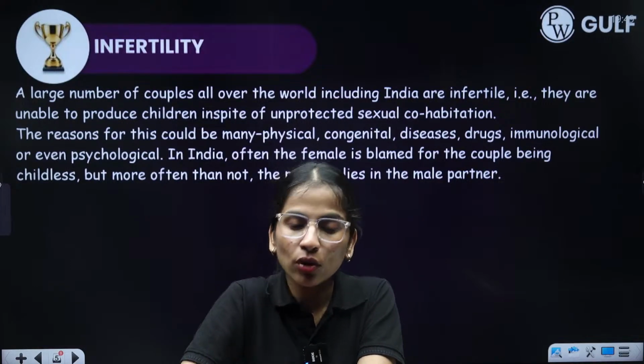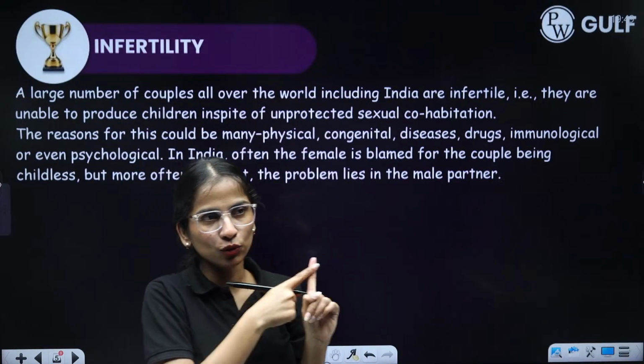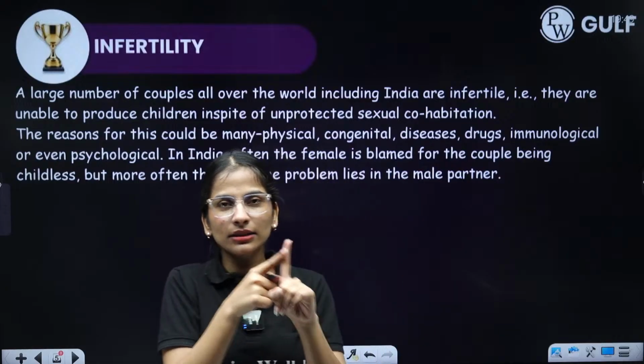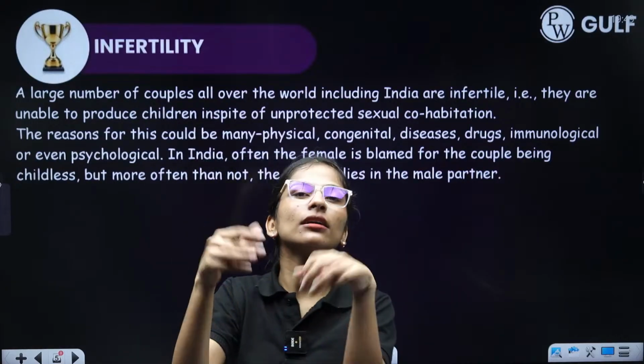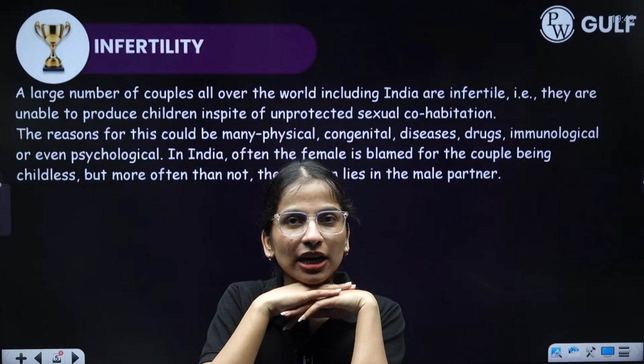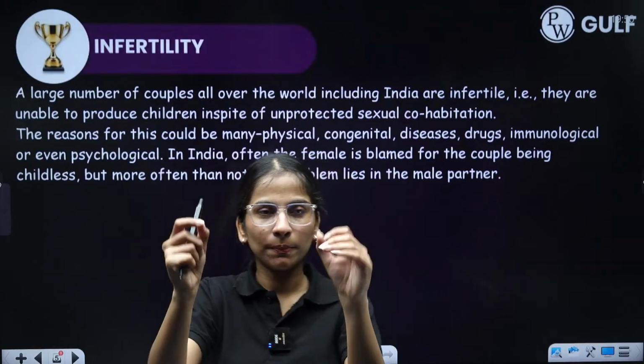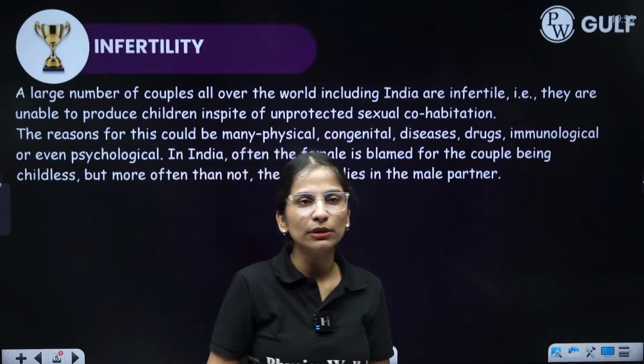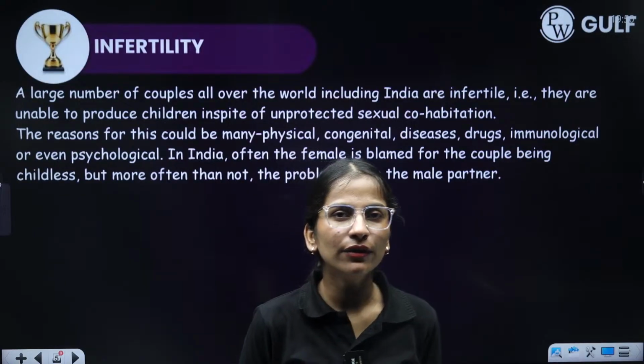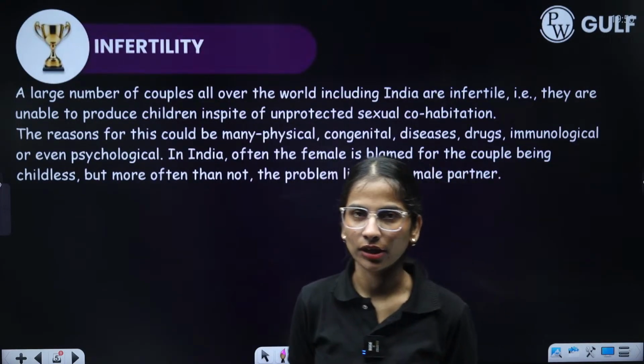So if no contraceptive method is being used and there is unprotected coitus between partners for 1 year to 3 years, and if still the couple is not able to conceive a child, then we can say that the couple is infertile.